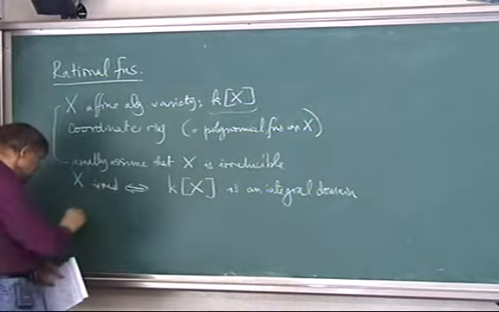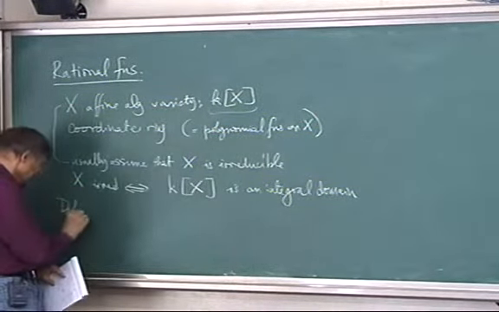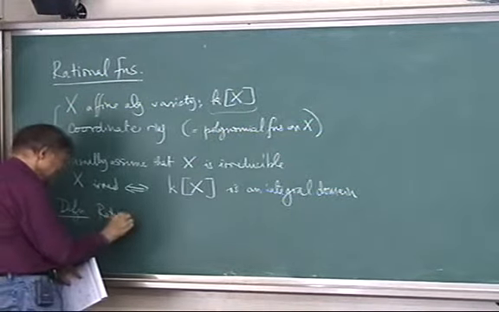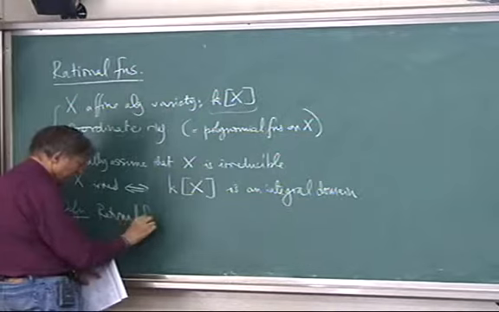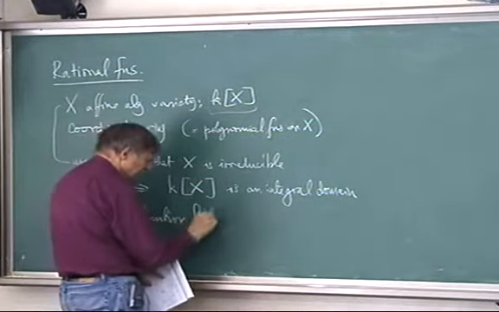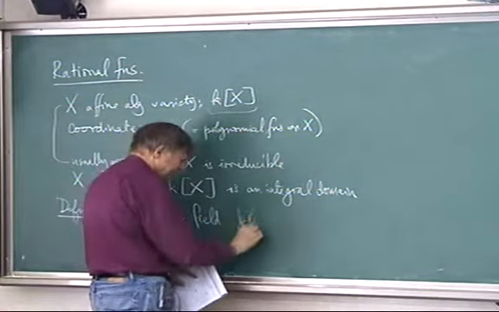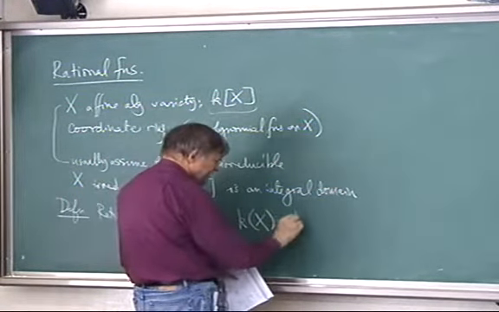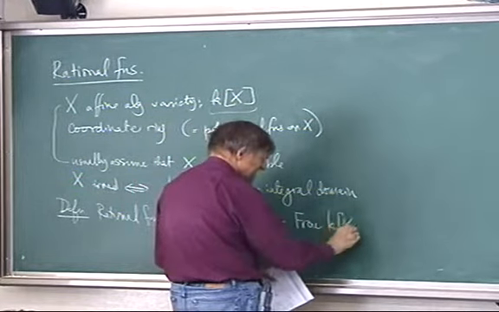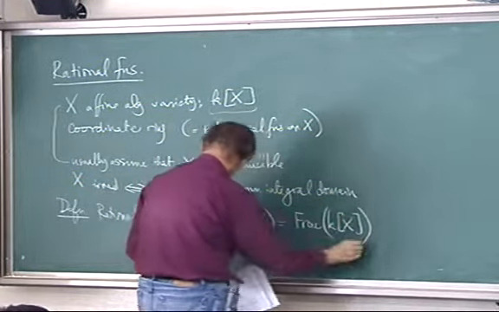So then, the definition of rational function. First of all, we define the rational function field K of X. This is the field of fractions of K of X. Right.